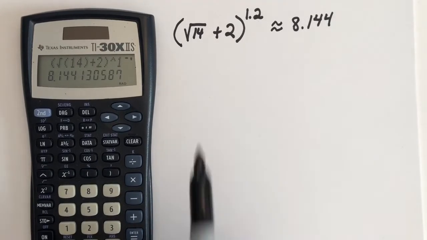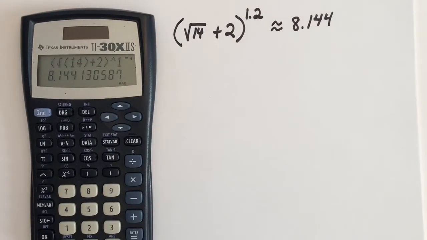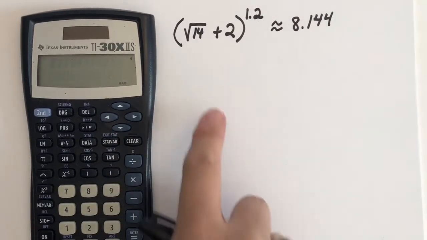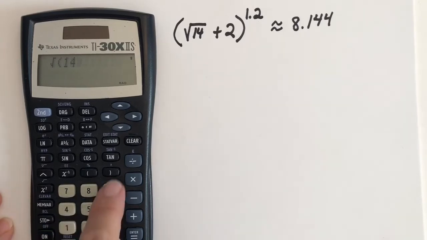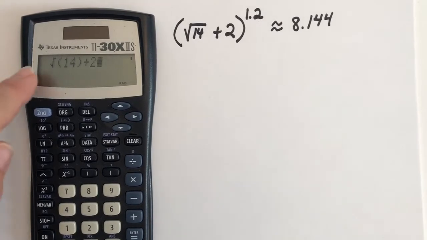Now, sometimes I'm not a fan of putting in parentheses. So as an alternative for this one, what I often do is calculate the base. So I'm going to punch in square root of 14. I still have to close those parentheses and add 2. So you'll notice that the base is here on the calculator, and I press enter.